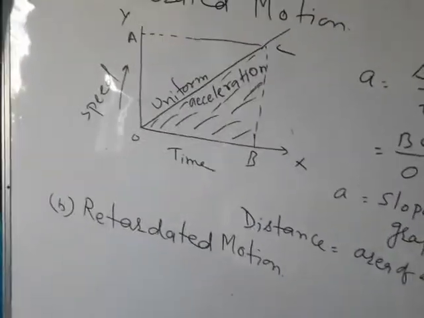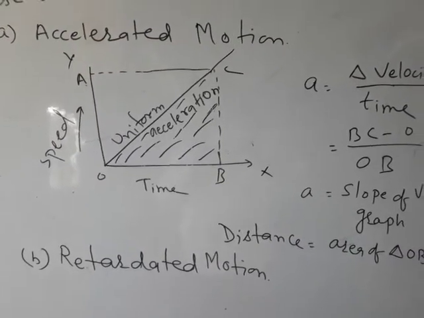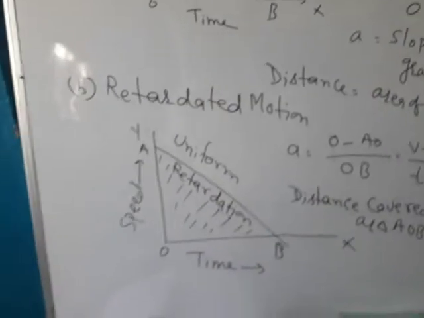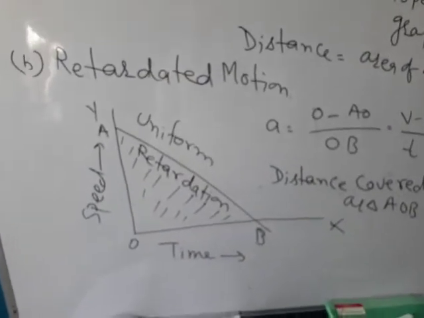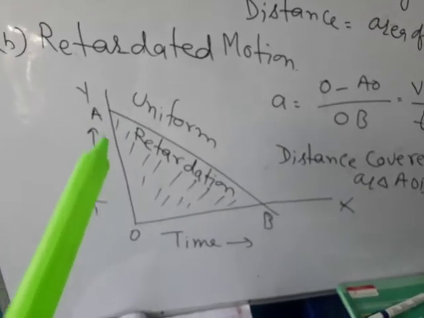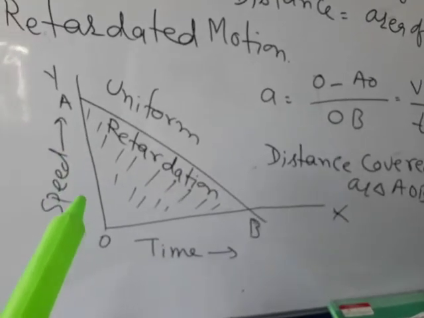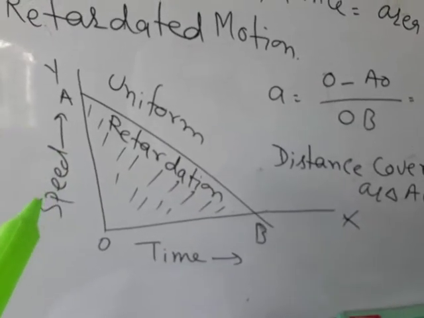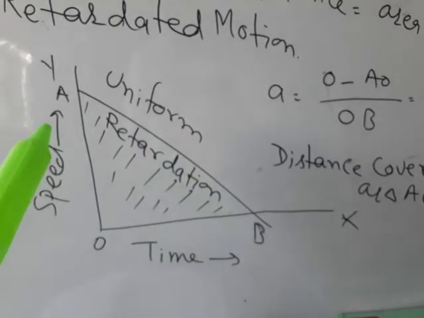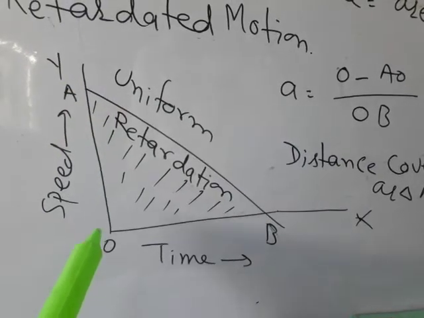Now we will discuss the v-t graph in retarded motion. Dear students, now we will study the v-t graph in retarded motion. The v-t graph in retarded motion will be a straight line, but will not start from the origin.